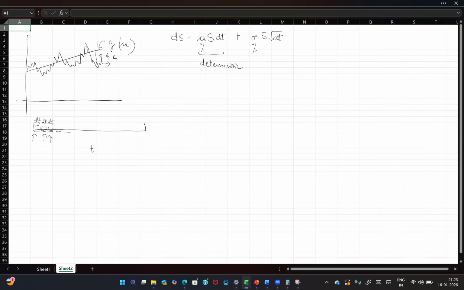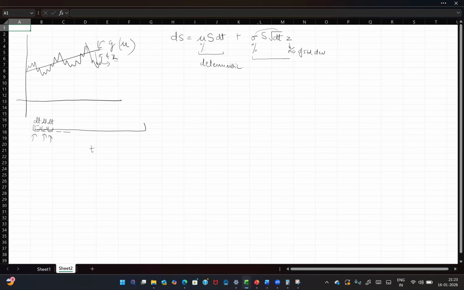So we are scaling sigma by root dt and then eventually multiplying it by z, and z is the number of standard deviation movement.